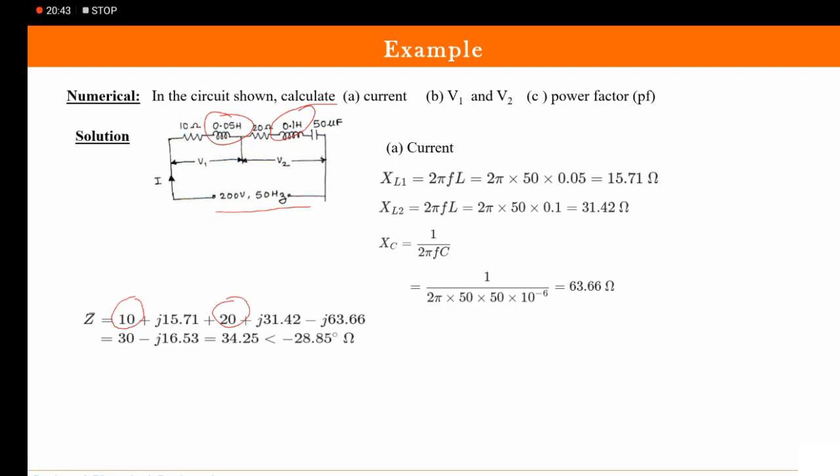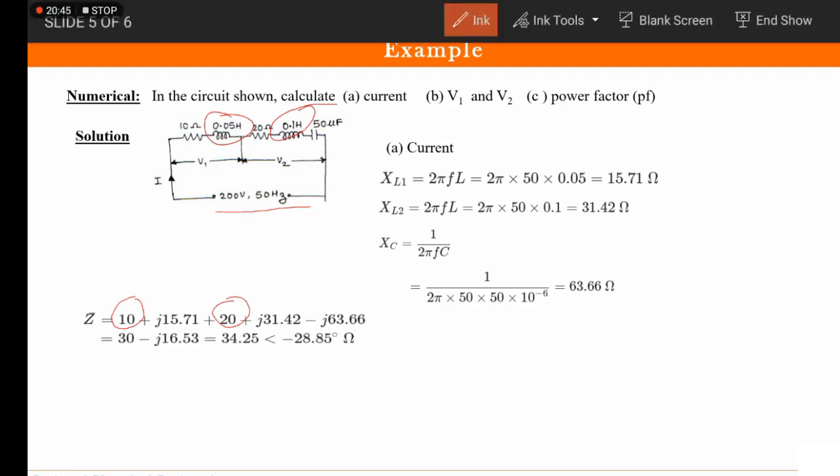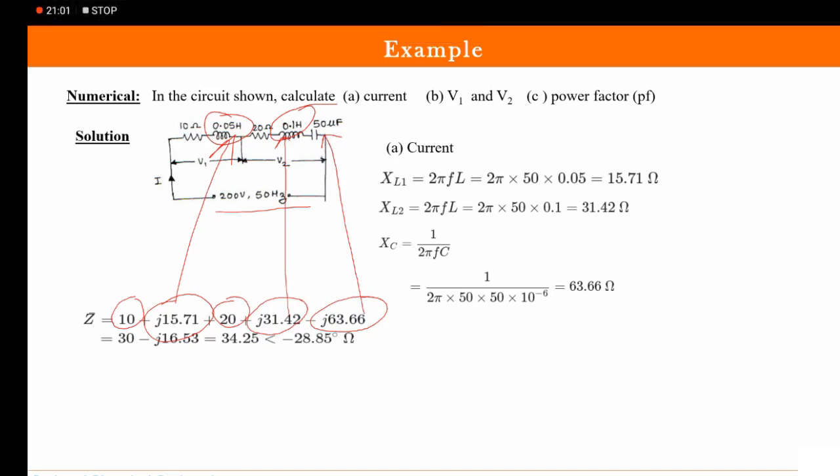Plus J 15.71 represents this inductance, correct? And this represents this one, and this minus J 63.6 represents the capacitive reactance. We have seen that in an earlier numerical problem.